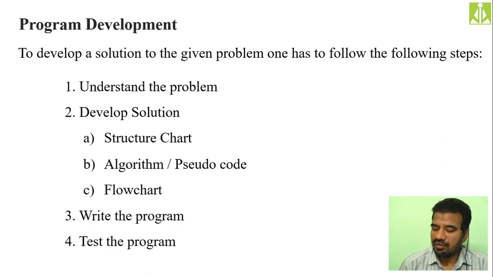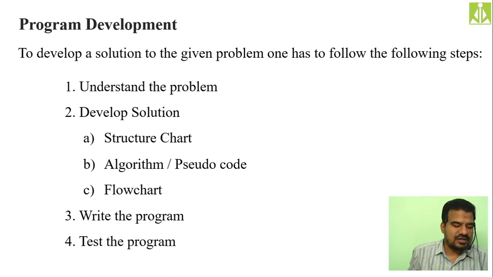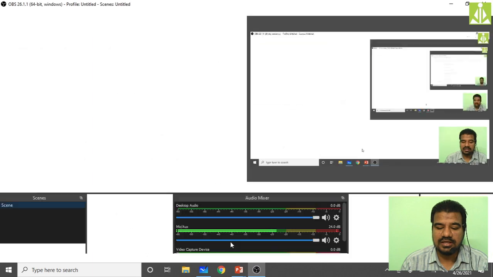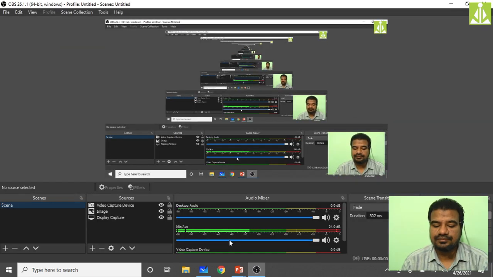So if you read it over here, to develop a software solution to the given problem. What exactly are we doing here? We are developing a software solution to the given problem. Our given problem is we want to develop a library application, a library software. That is our real-time problem and we want the solution for that one. So to develop a solution, just read these steps over here.